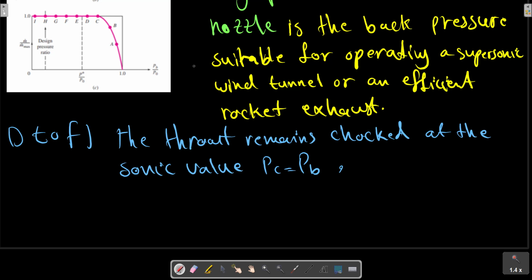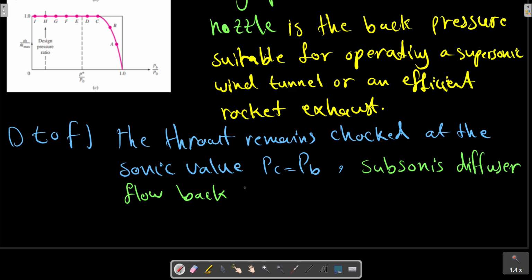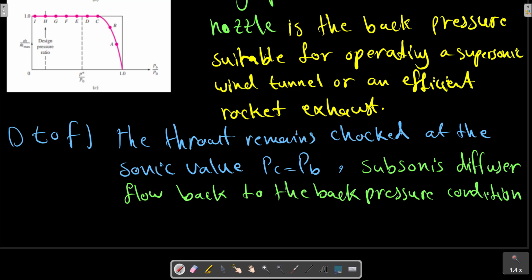The mass flow remains at maximum. At back pressure F, the required normal shock stands in the duct exit.